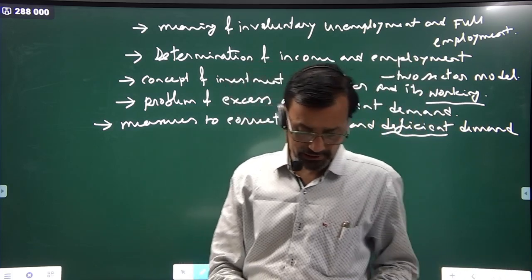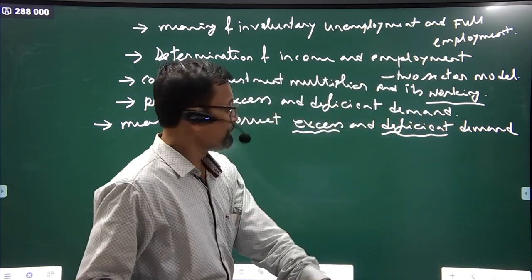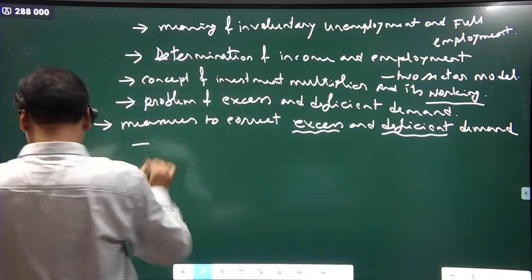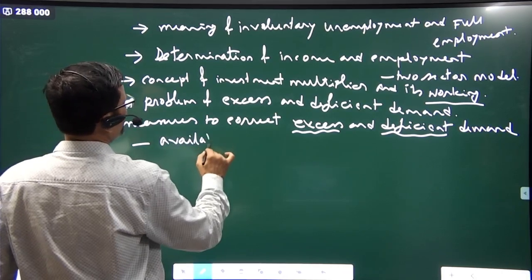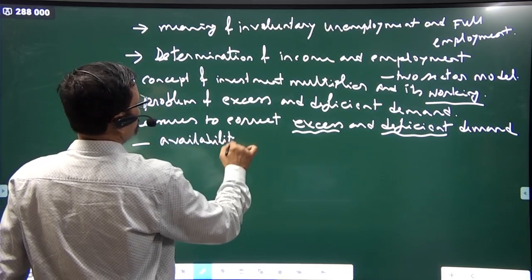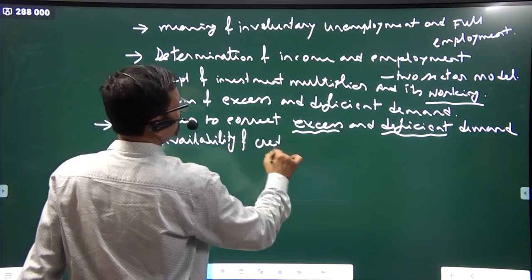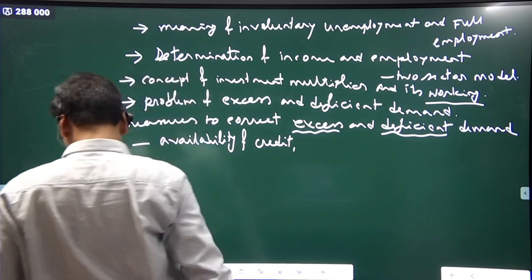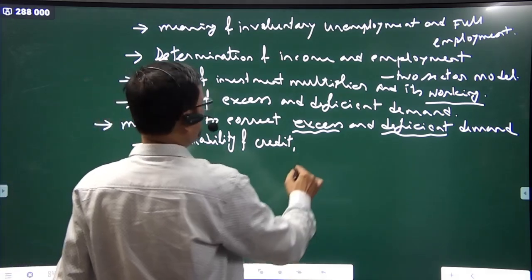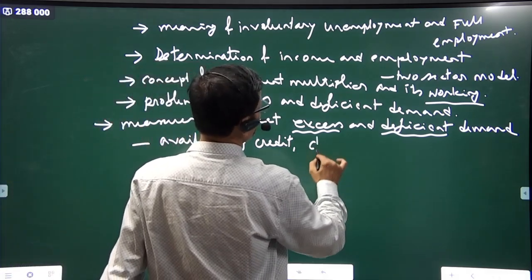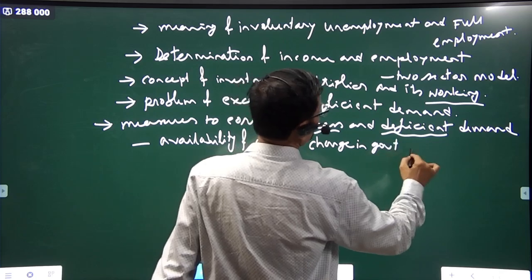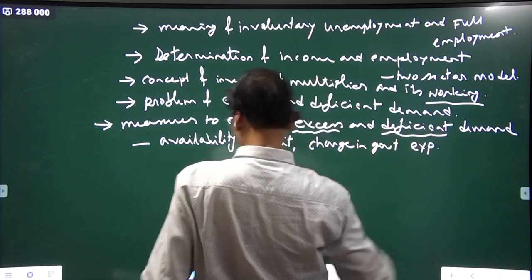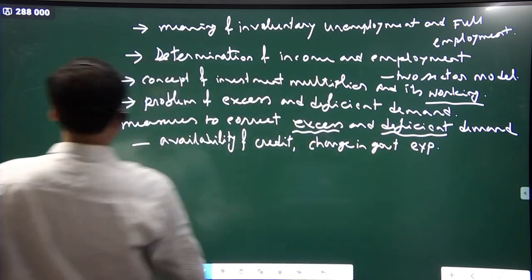So here, different measures are available: availability of credit, change in government expenditure, etc.